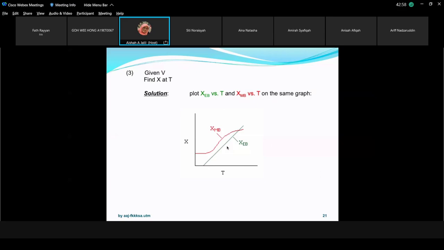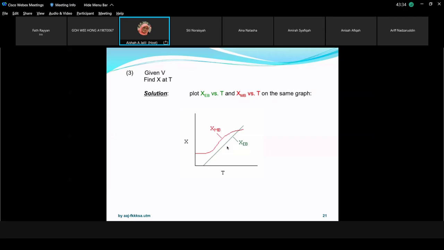Then you can also get the Arrhenius equation, K equal A e to the power minus E over RT, or K1 exponent E over R, 1 over T1 minus 1 over T. And then stoichiometry, this is liquid phase reaction, so you no need to consider the 1 plus epsilon X. You just consider CA equal CA0 times 1 minus X.